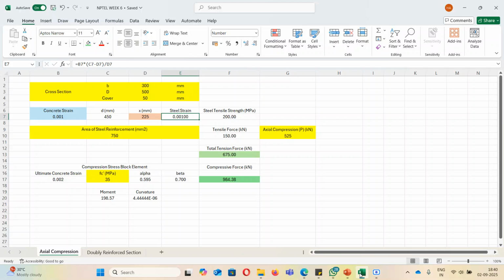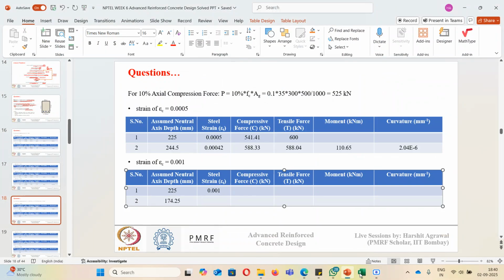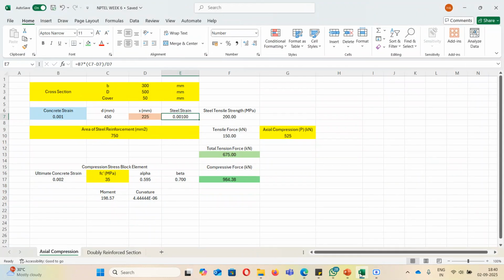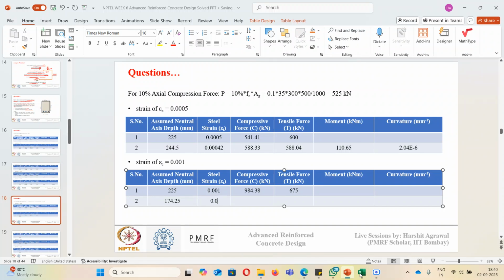Okay, so again at 225 it is 984.38 compression force. Tension force is 675. Okay, compression force is more than the tension force, so we need to decrease the value of x. So upon iteration you will find at 174.25 both will be almost equal. Okay, so strain in steel right now it is 0.00158.